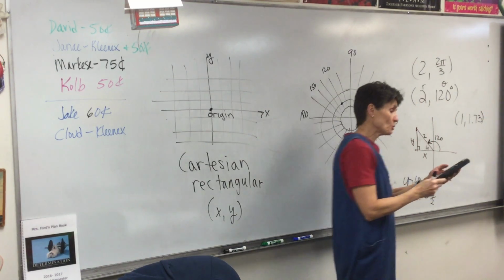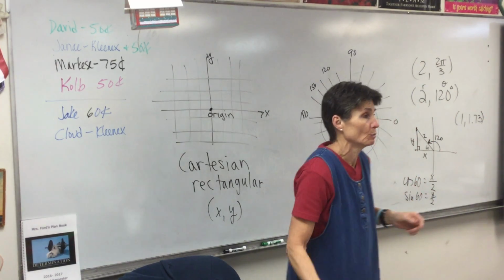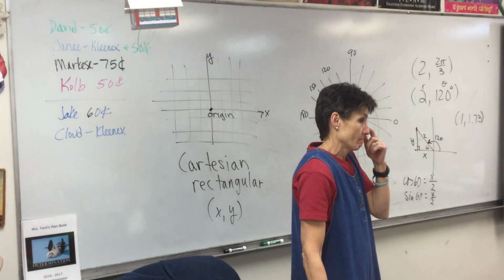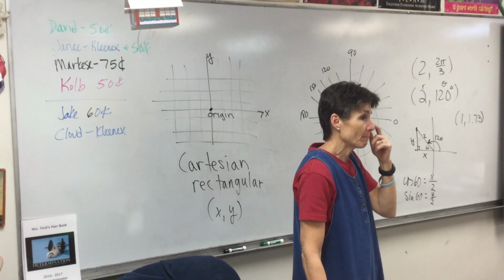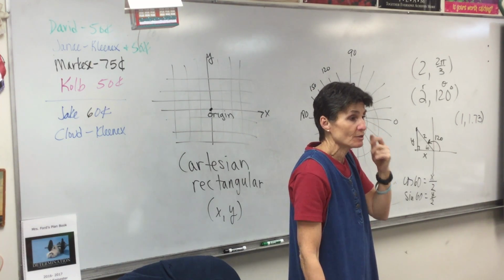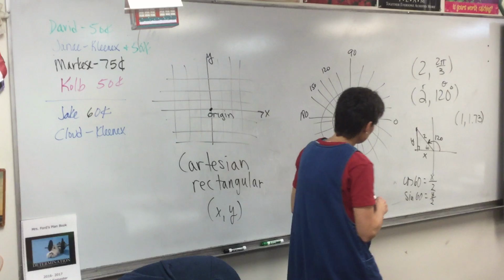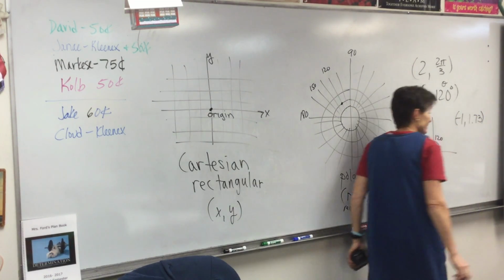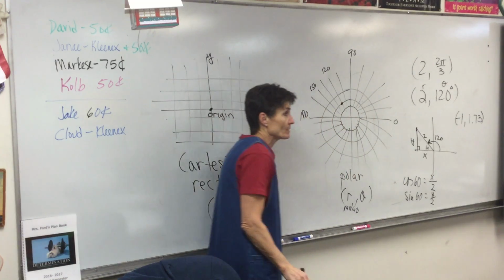Now, what did you have to remember to do when we did this? You had to remember your signs, right? Your negatives. So when you look at this situation over here, you would say x is negative.